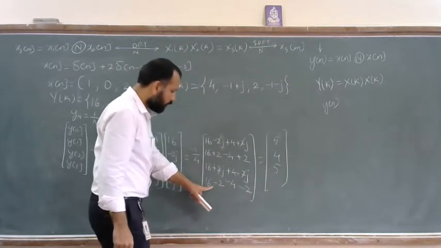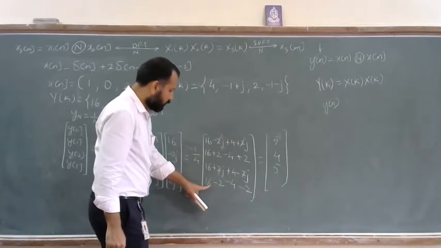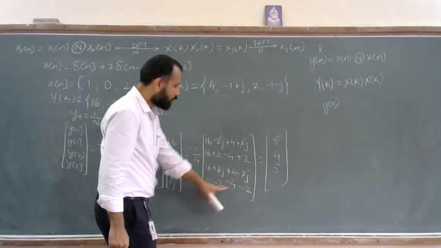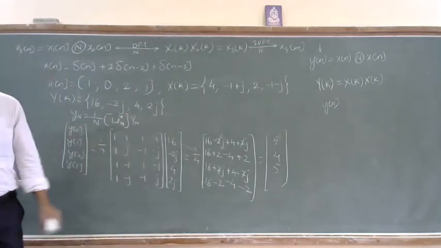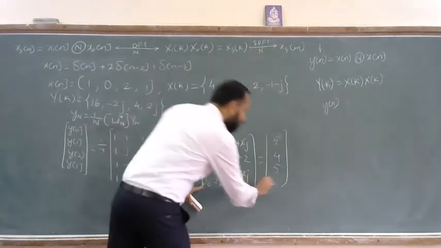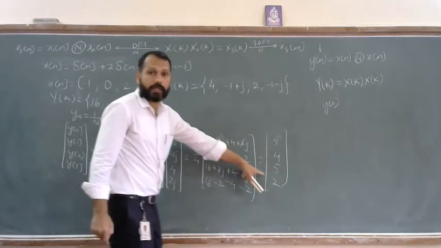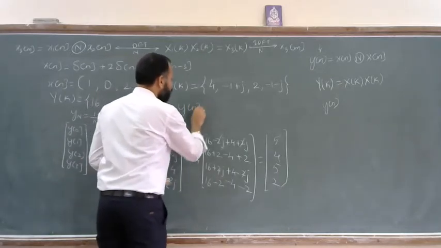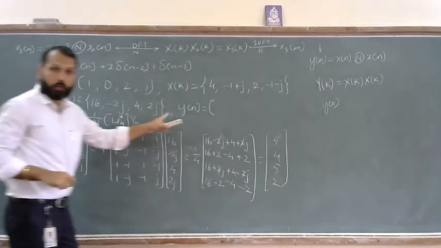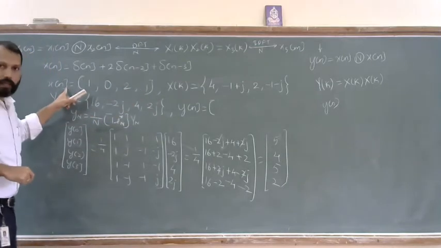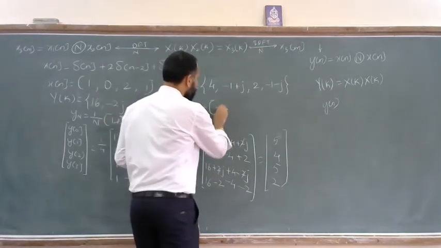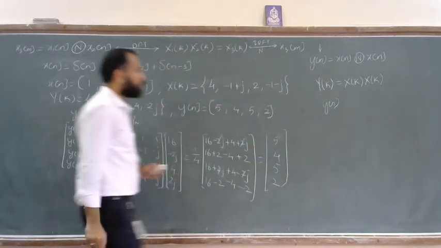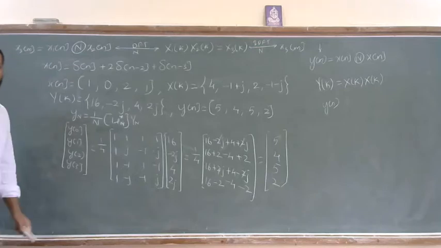And lastly, 16 minus 8, which is 8, divided by 4 is 2. So this is the discrete time sequence representing y of n, the circular convolution of x of n with itself. y of n is 5, 4, 5, and 2.